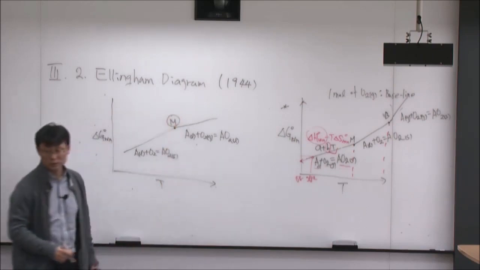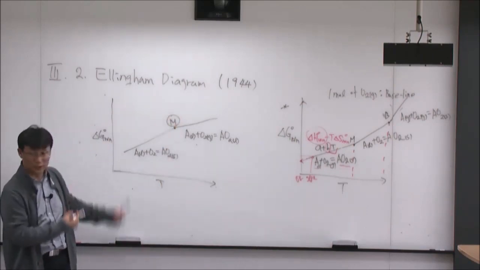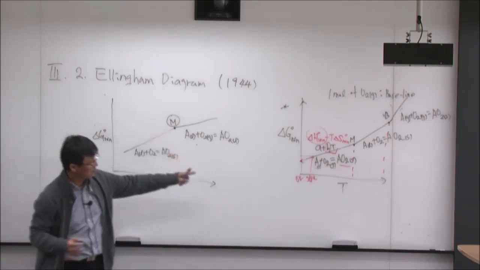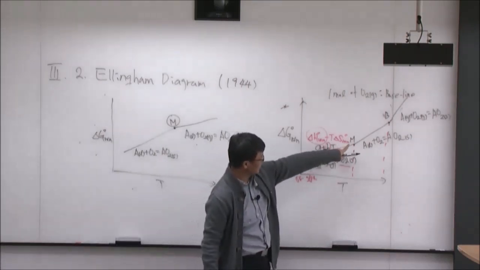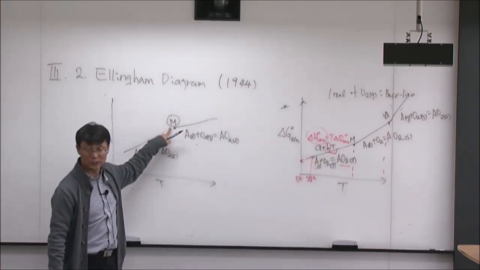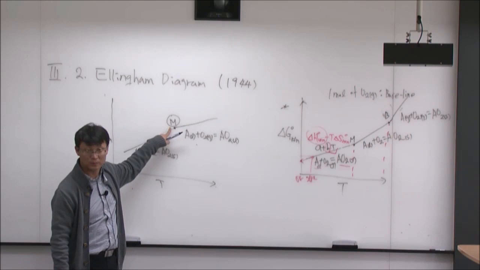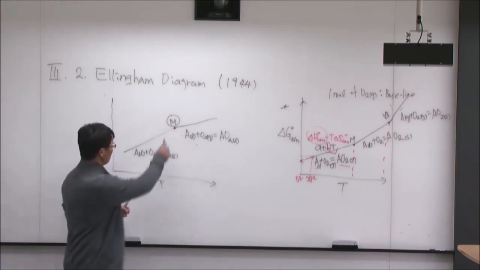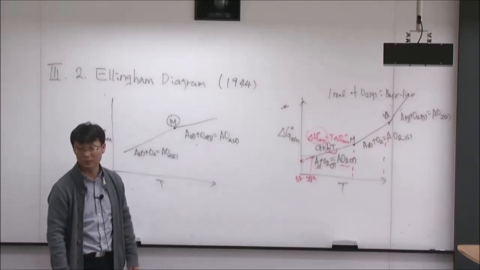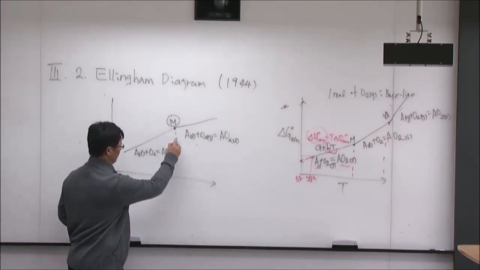We put it like this, so we have a different symbol. It depends on the version, but typically we represent metallic melting and oxide melting with different symbols. So if I have the M inside a circle, this is, for example, the oxide melting temperature, the melting of oxide.